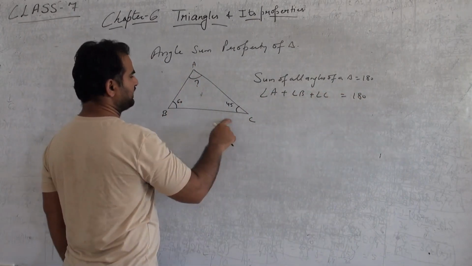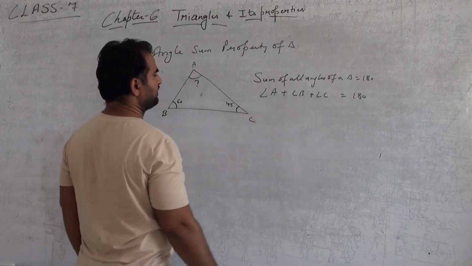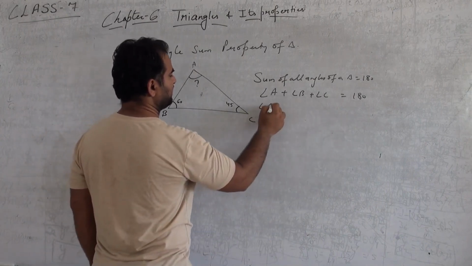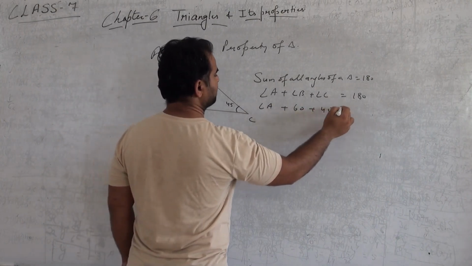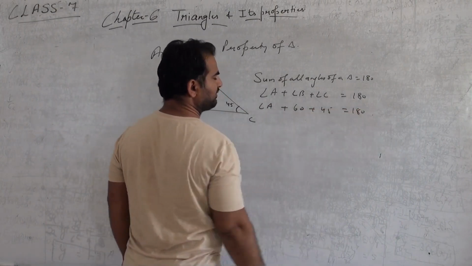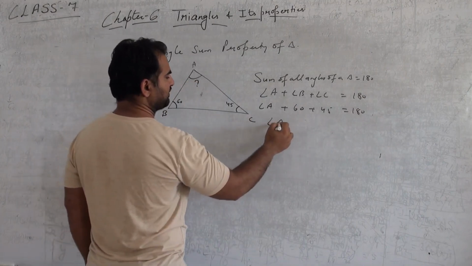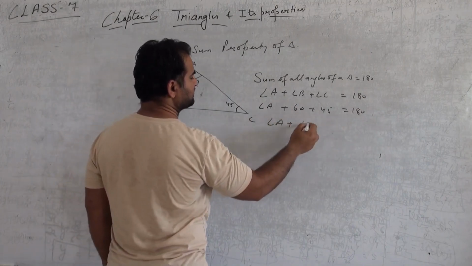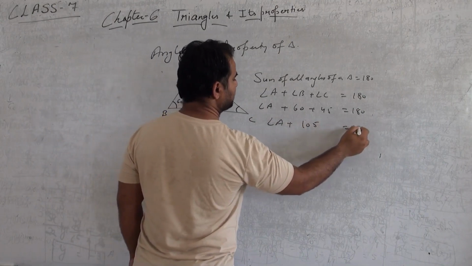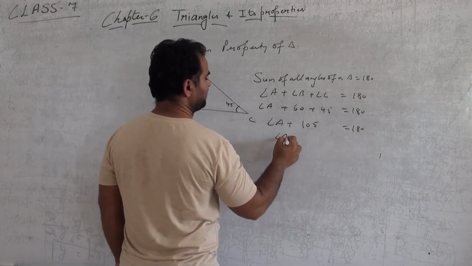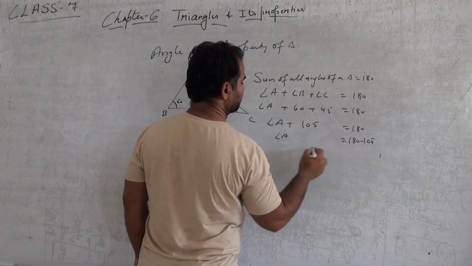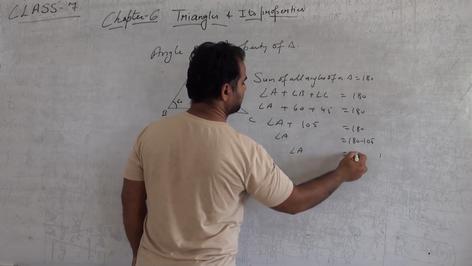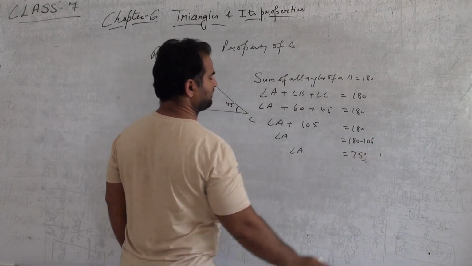We put in the values of angle B and angle C. So angle A plus 60 plus 45, that is 105, equals 180 degrees. So angle A will be 180 minus 105. Angle A will be 75 degrees.